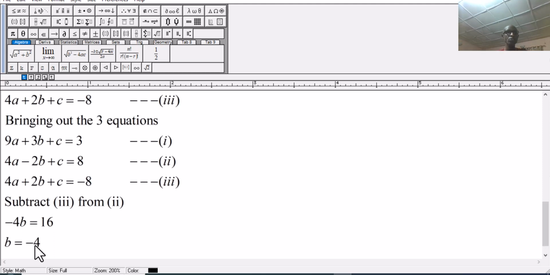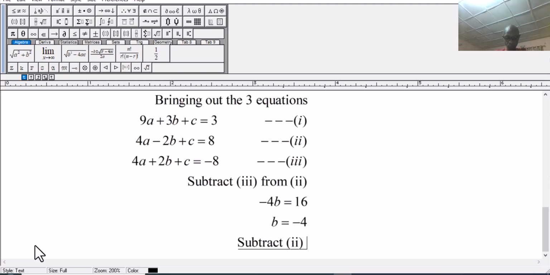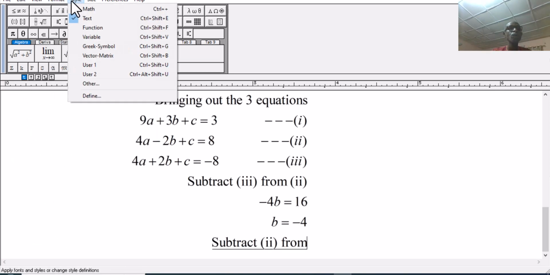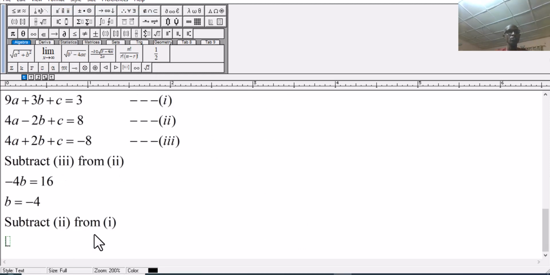Now the next one, subtract. You can pick any of them, let's say we are subtracting 2 from 1. So subtract 2 from 1, so it's easier to subtract.